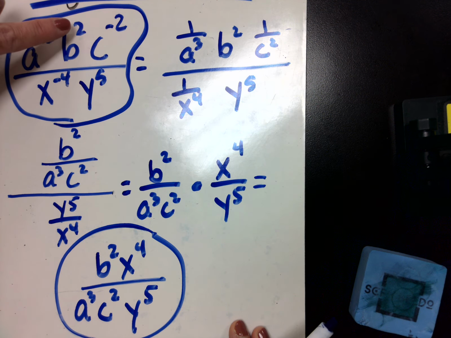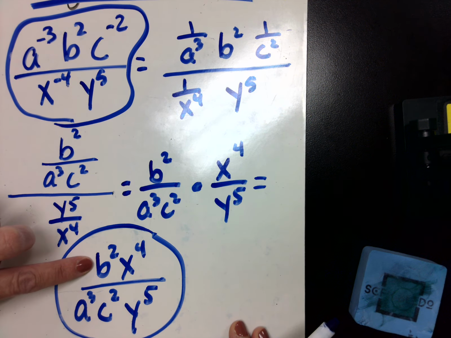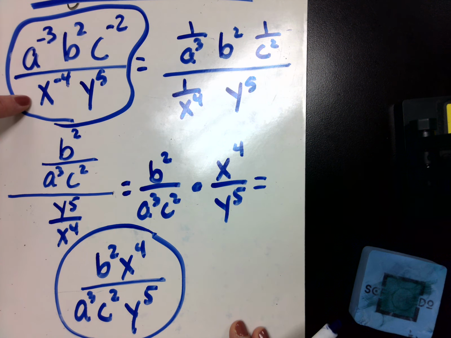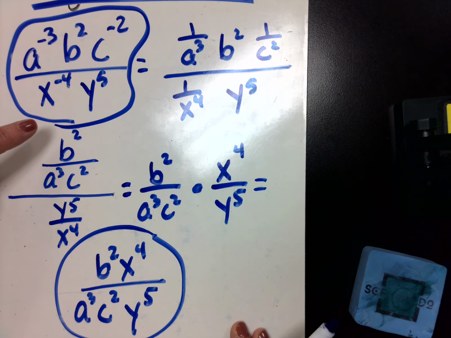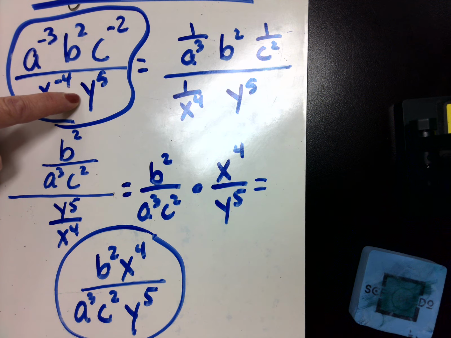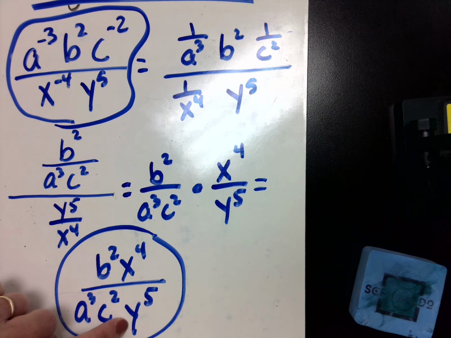The b squared was a positive exponent, so it didn't change positions. It's still a numerator. Now look at the denominators in the original. The x to the negative fourth moved to the top. It was on the bottom as a denominator, and now it's a numerator. The y to the fifth was a positive exponent, so it stayed where it was on the bottom.